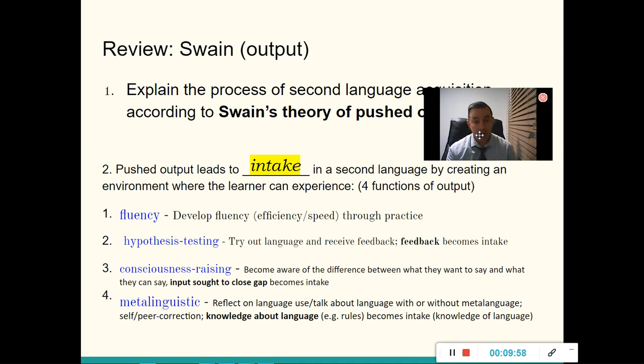Or you could just be talking about how you use language without using those language terms. You could say, oh man, why did I say that? You know, like my example of the job interview. Everybody has a moment later where they're kind of kicking themselves about something they said. All of that is considered reflection.